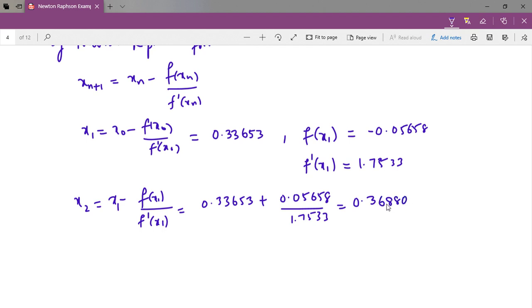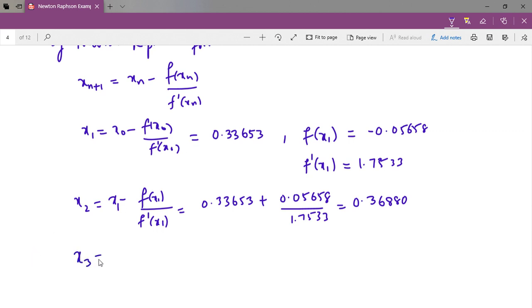This gives you 0.36880. See, once you set up in the calculator x naught minus f of x naught divided by f dash of xn, after getting x1, change x naught as answer key and go on pressing equal to. The calculator does the work. You have to do only half of the work. The remaining half will be done by the calculator if you are using it in a wise manner. Okay.